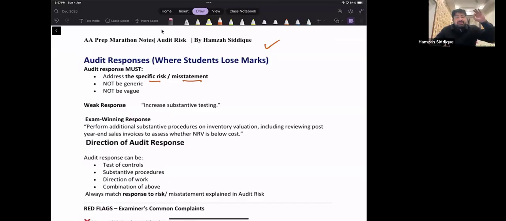This cannot be linked to any other aspect. For example, if you are discussing the cost or NRV, the response cannot be on physical verification of inventory existence. Response cannot be related to completeness. Cannot be.